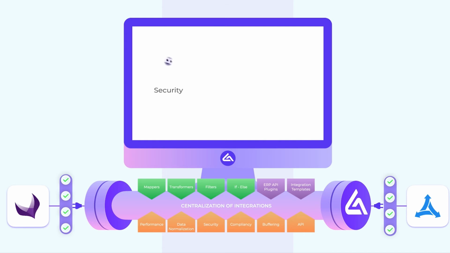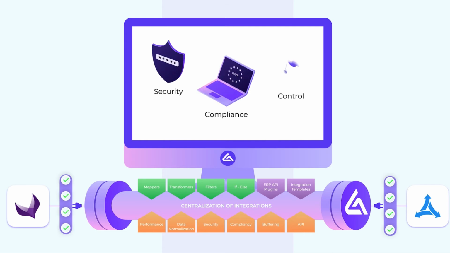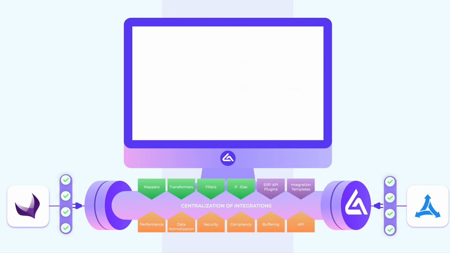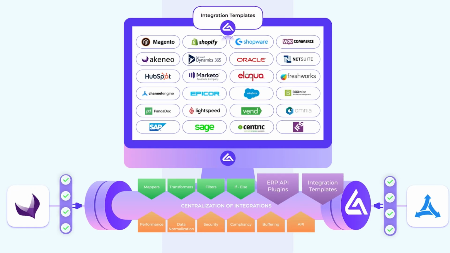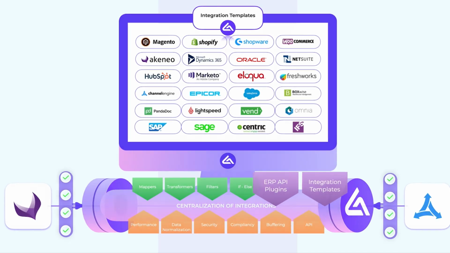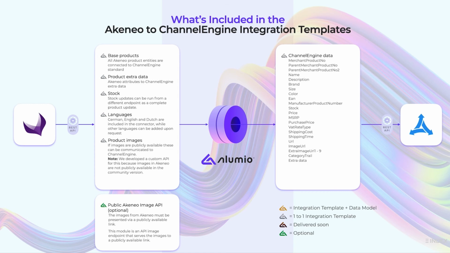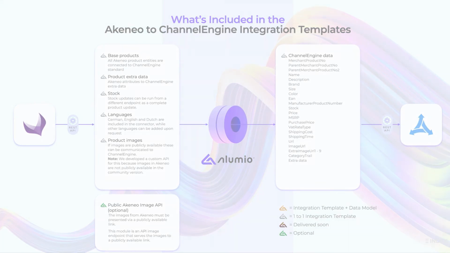And it ensures your integrations are secure, compliant, and that you are in full control of your data. As a leading solution for creating integrations, Alumio's partners build pre-mapped configurations as integration templates to kickstart your integrations. This integration template delivers pre-mapped data routes and pushes it to the connected system.